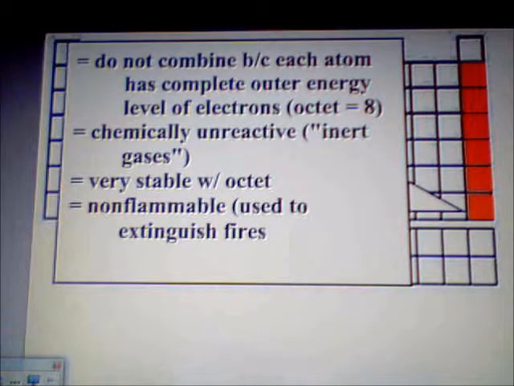Noble gases are very stable with their octet, and they are non-flammable because they don't react with anything. This non-flammable property allows them to be used in fire extinguishers.